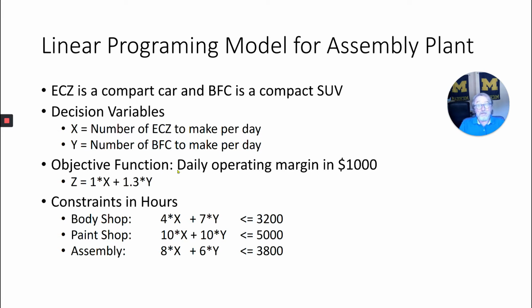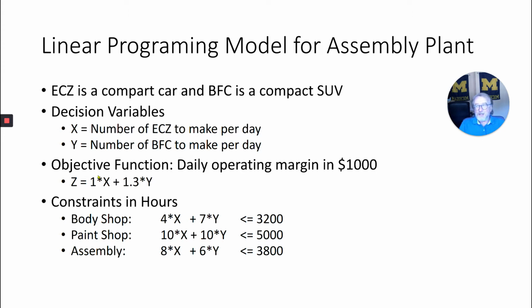We have an objective function, which is the daily operating profit, and these are all in terms of thousands of dollars. My objective function Z, my operating profit, is 1,000 times X plus 1.3, or 1,300, times Y. So every compact car contributes $1,000 to the operating profit, and every SUV contributes $1,300.